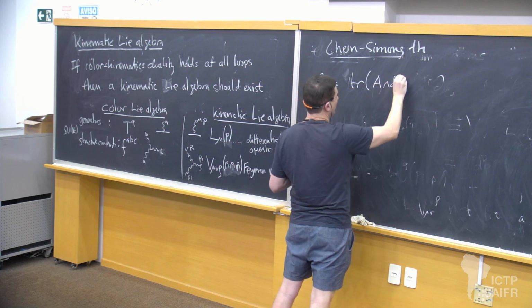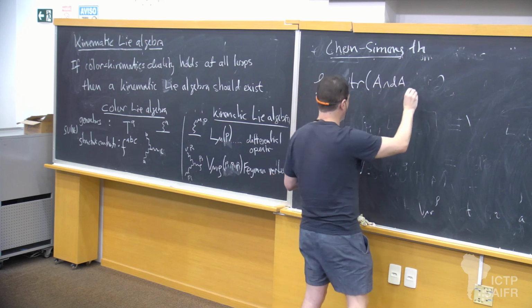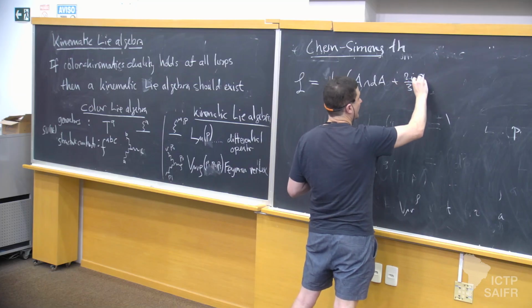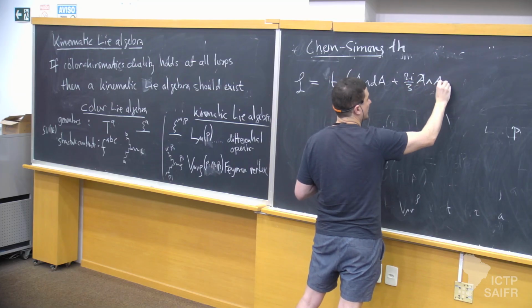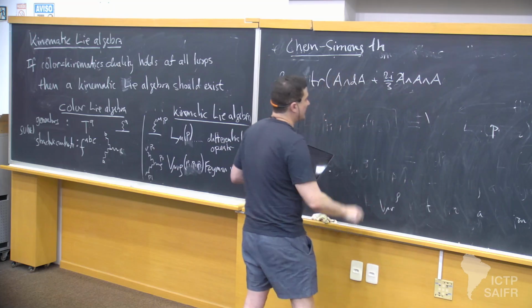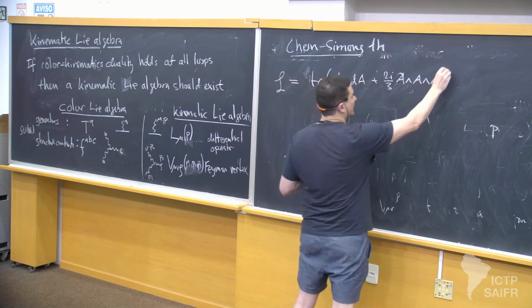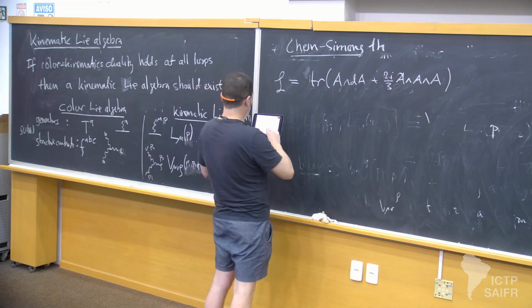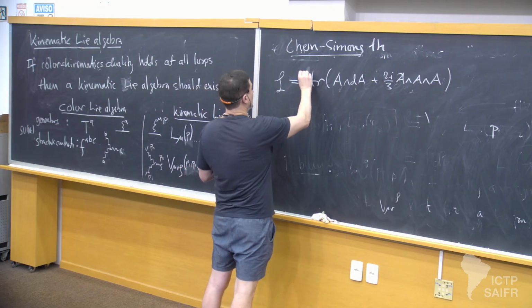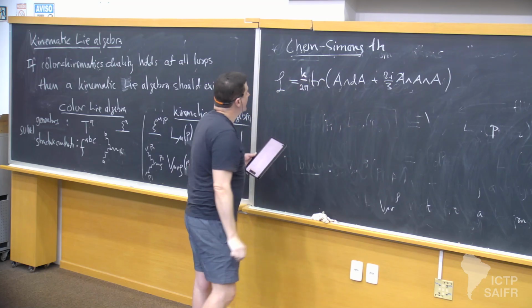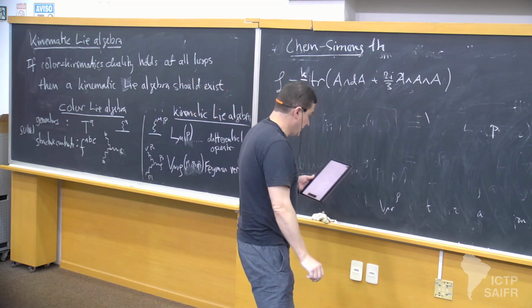So A is a one-form gauge field, and then this is the interaction term. This wedge product here just means that you're contracting with Levi-Civita. Here you're also contracting with Levi-Civita. And there's also a coupling k, which is an integer, but it doesn't really matter for our purposes. Okay, good. So that's the action.